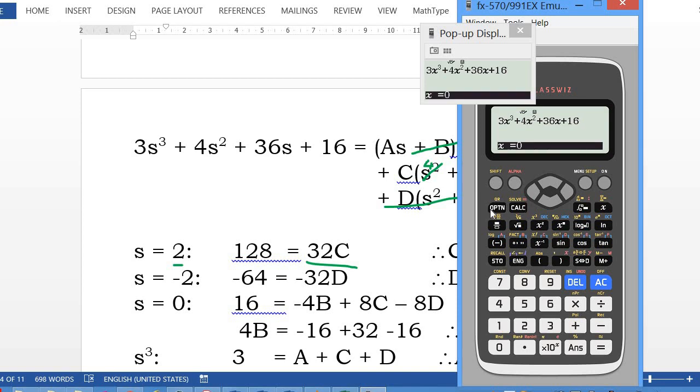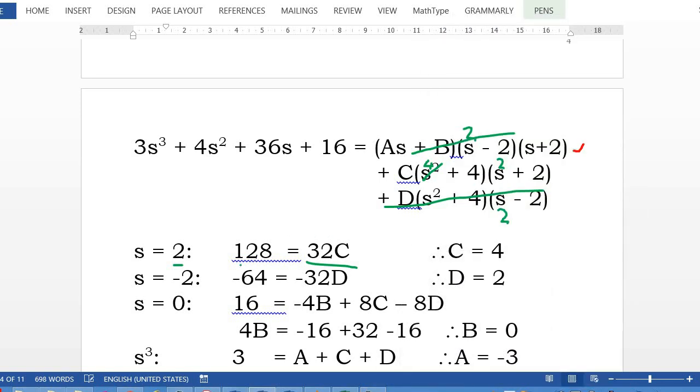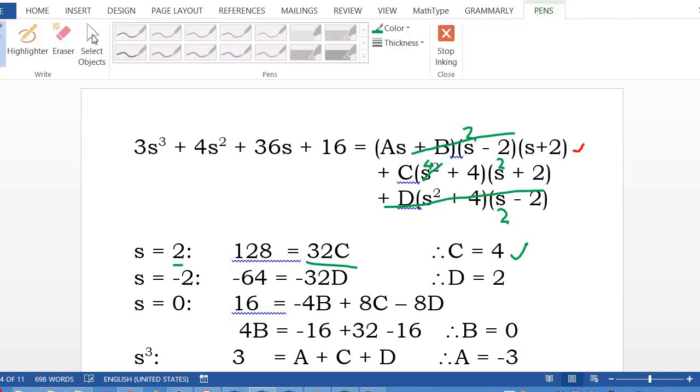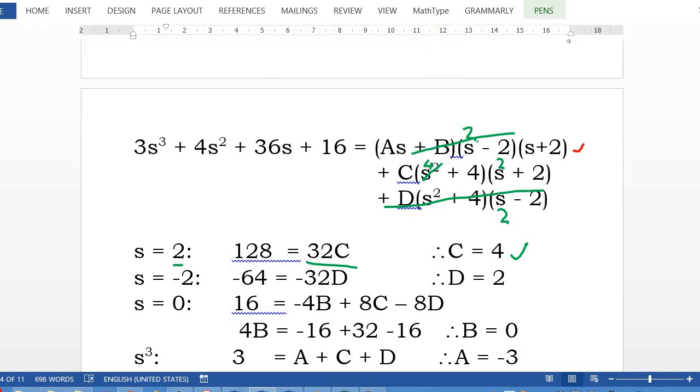In the calculator we don't have s, so I put it as x. With x equal to 2, you get 128. So 128 equals 32C, so C is 128 divided by 32, which gives you 4.